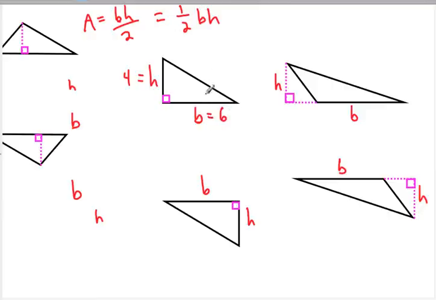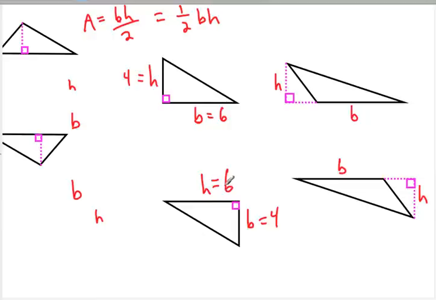And down here, I'm going to switch it up. Let's pretend I made this the height and this the base. So in this case, the height would be 6 and the base would be 4.